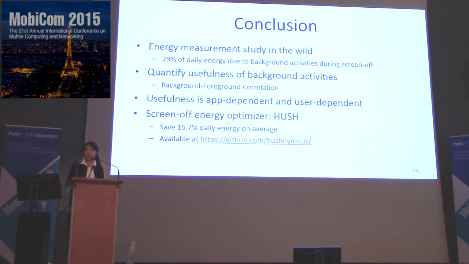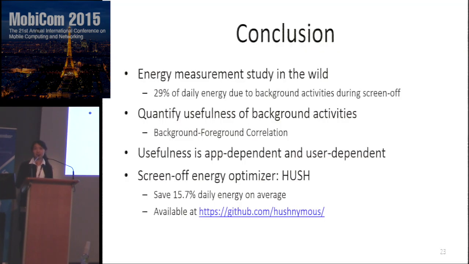To conclude, in this paper, we first conduct an energy measurement study in the wild, showing that 29% of daily energy consumption is due to background activities, which motivates our screen-off energy optimization.